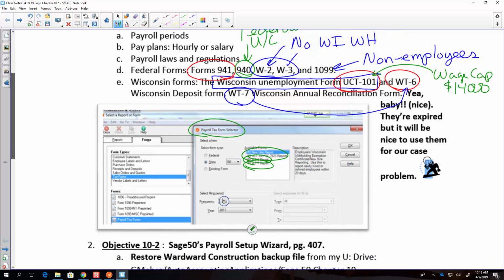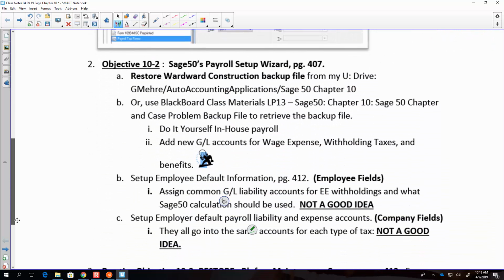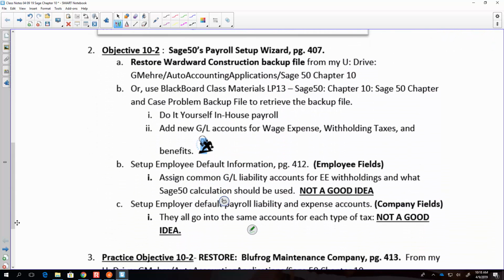A lot of Chapter 10 talks about setup. So, let's go to the setup pages. It's called the Setup Wizard. I actually think QuickBooks does the same thing.